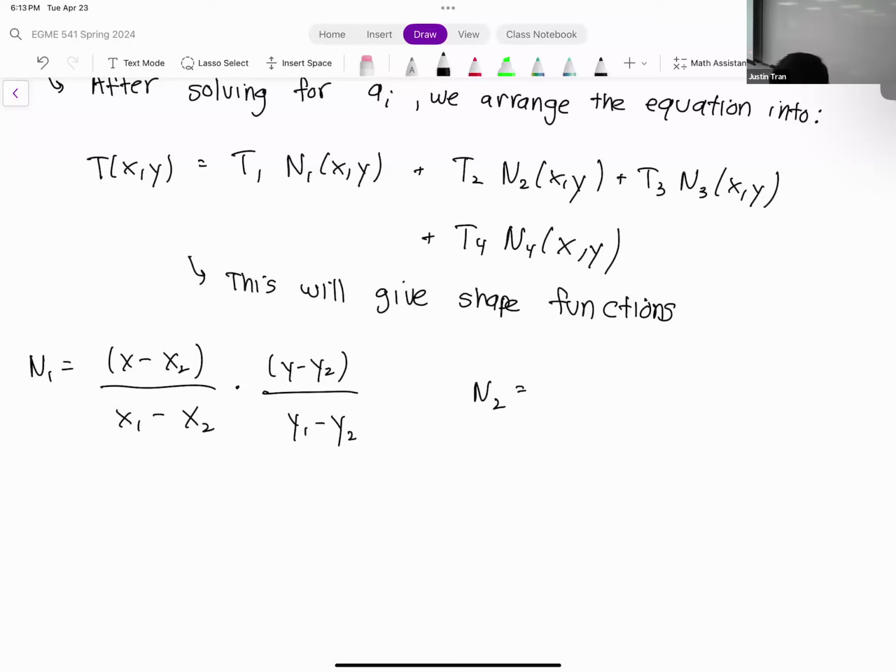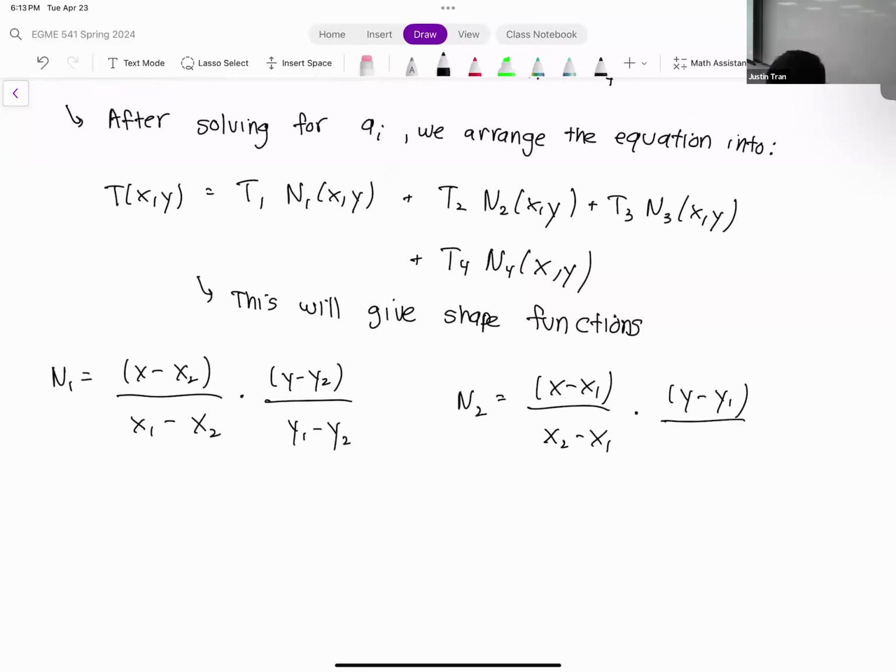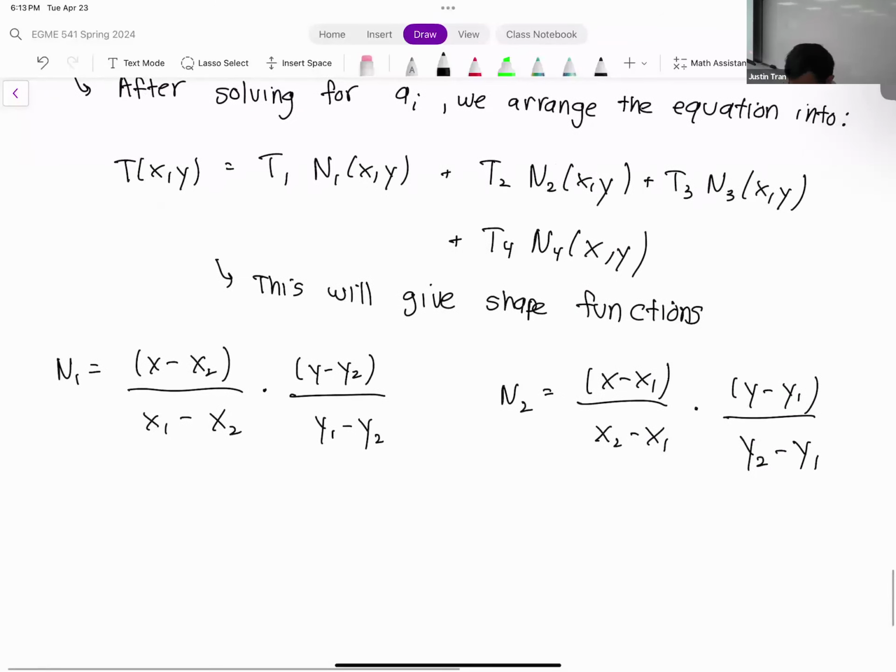And N2 is going to be x minus x1 divided by x2 minus x1 multiplied by y minus y1 divided by y2 minus y1.